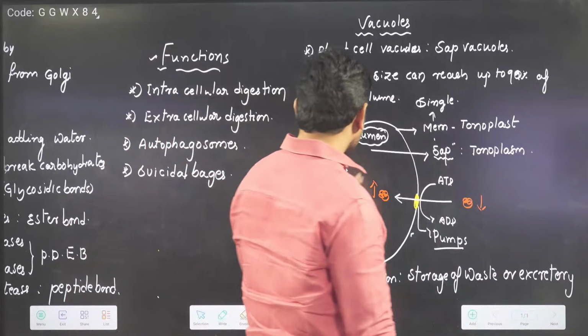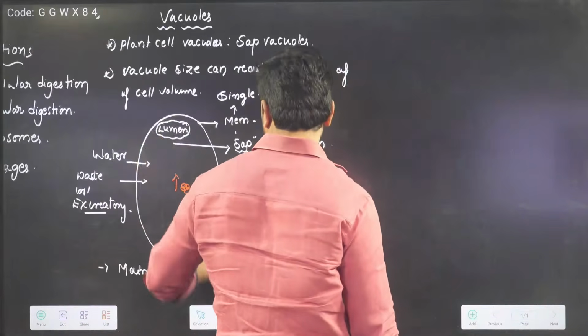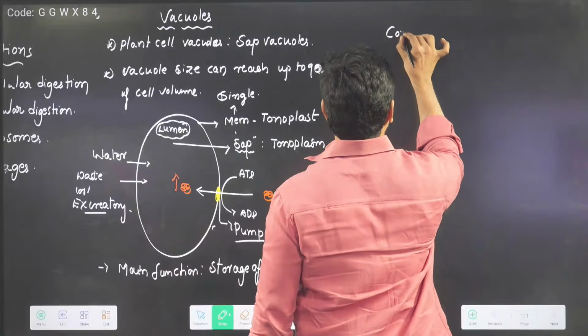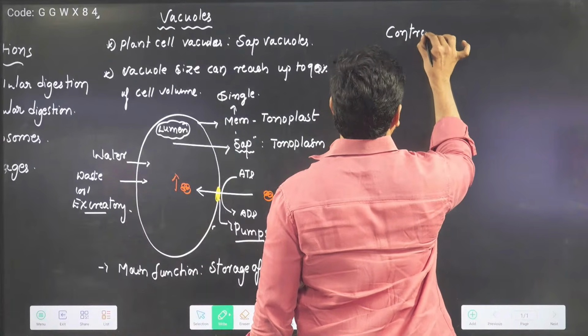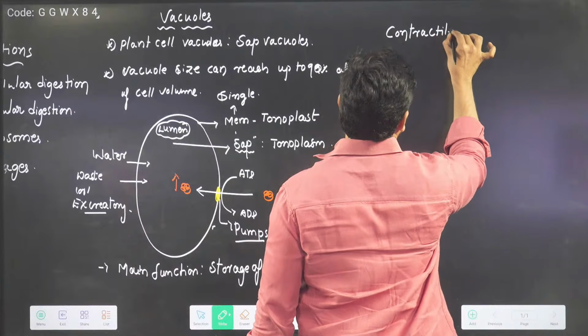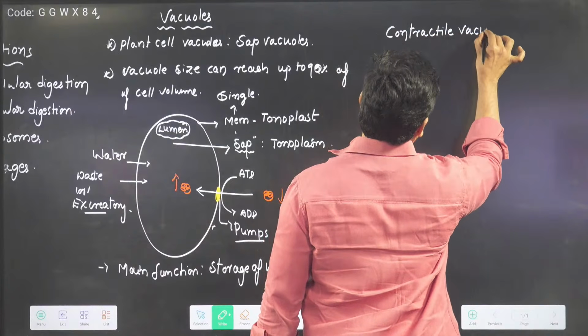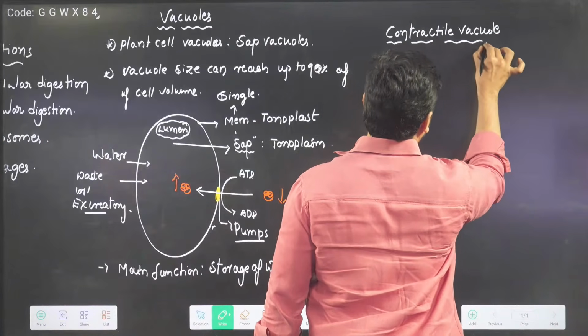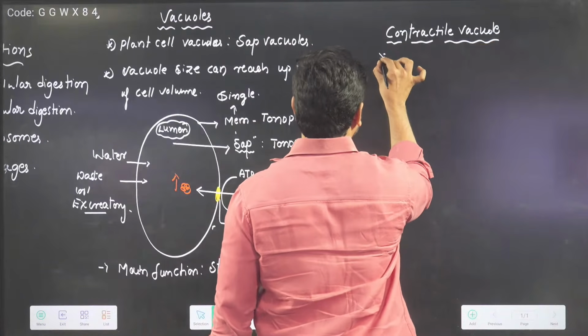Next, apart from the sap vacuole, we will also see another kind of vacuole called the contractile vacuole. Where do you see the contractile vacuole? It's not in animal cells, it's not in plant cells.